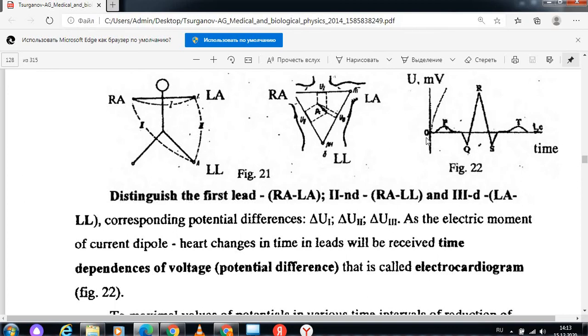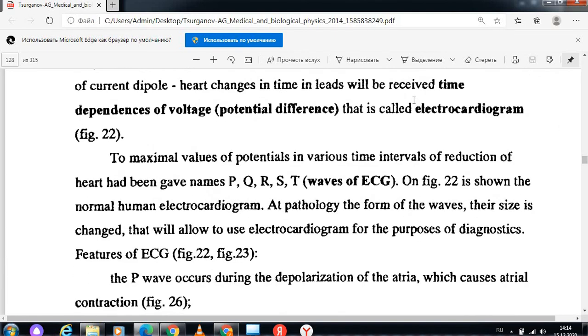We have this exact line, the dependence of millivolts on time in seconds. The cardiogram gives us a strip of paper with a line on it, the dependence of voltage, or potential difference, on time.